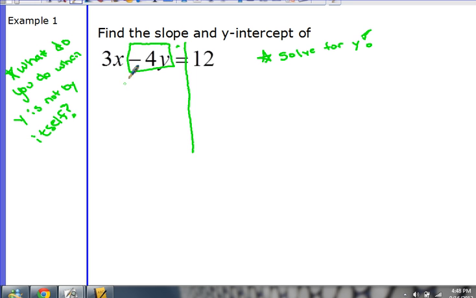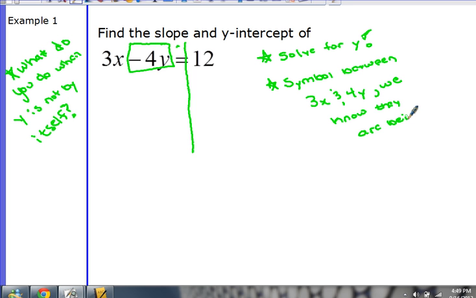First thing we need to get rid of is the positive 3x. The 3x and the 4y are separated by a symbol, which means they are connected via addition or subtraction. You go by the symbol in front of the 3x.